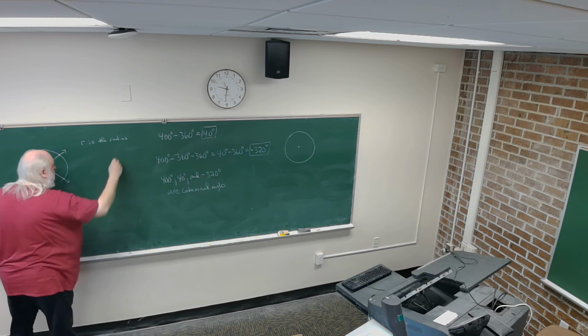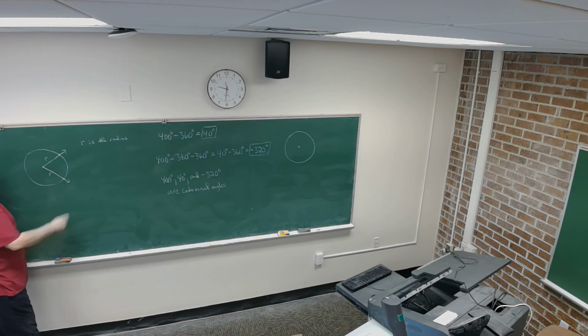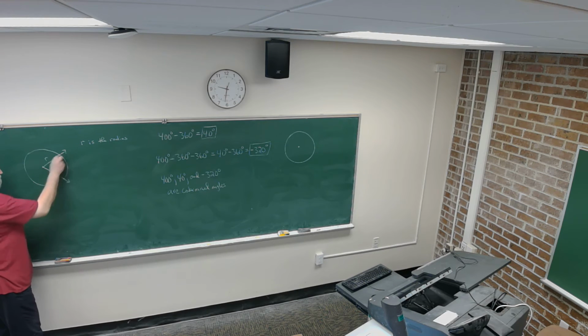This angle formed with these two half rays, we say it subtends an arc between those two half rays, okay?